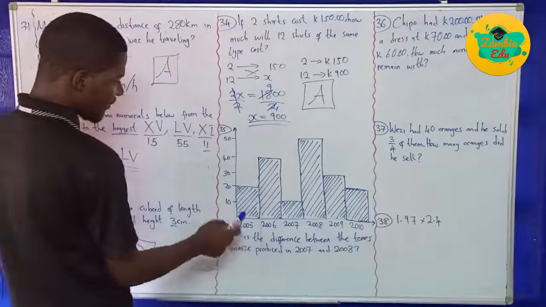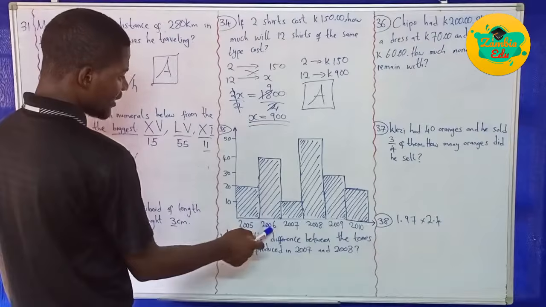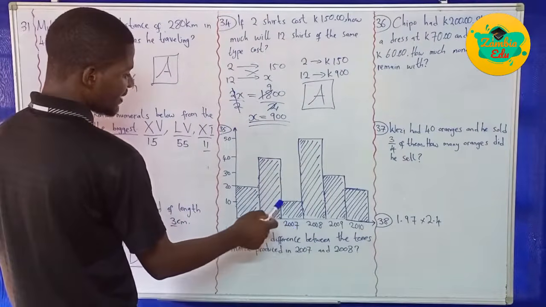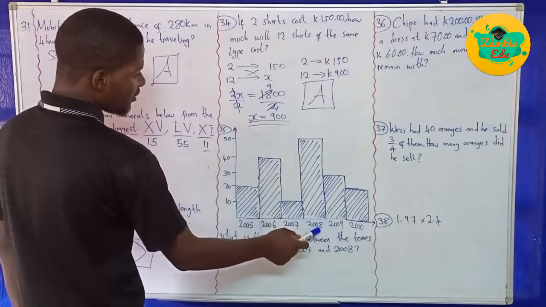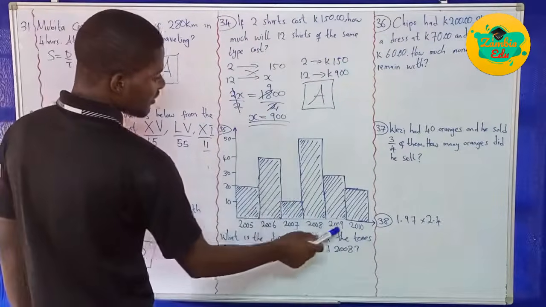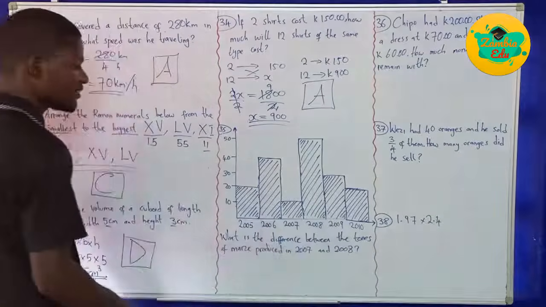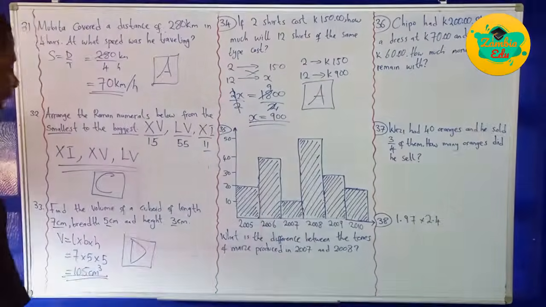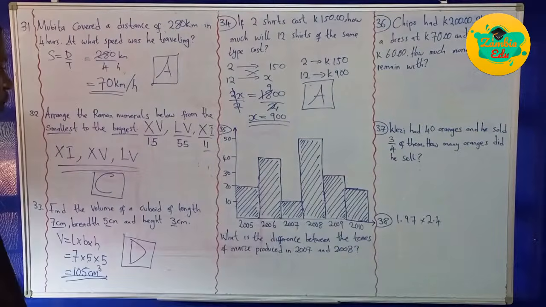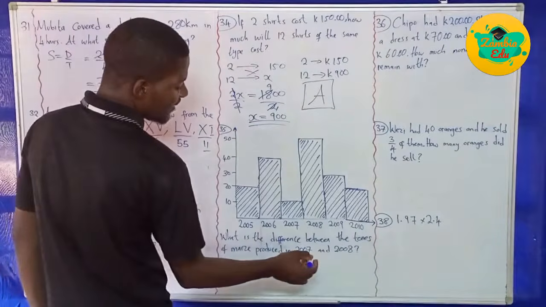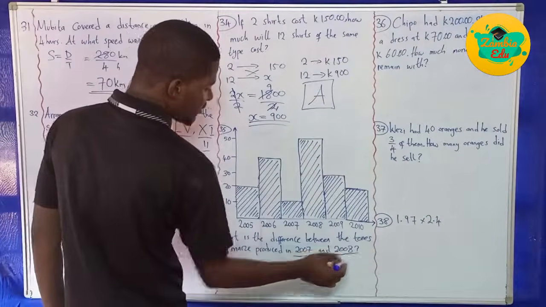We see in 2005 there was 20 tons. 2006 we had 40 tons of maize. 2007 had 10 tons of maize. 2008, 50 tons of maize. 2009, 30 tons of maize, and 2010, 20 tons of maize. Therefore, they ask us the question, what is the difference between the tons of maize produced in 2007 and the tons of maize produced in 2008?